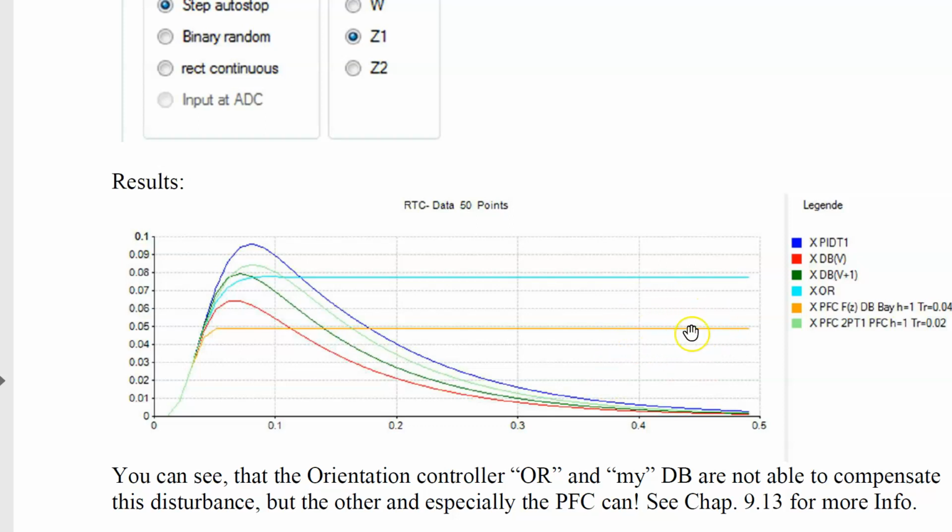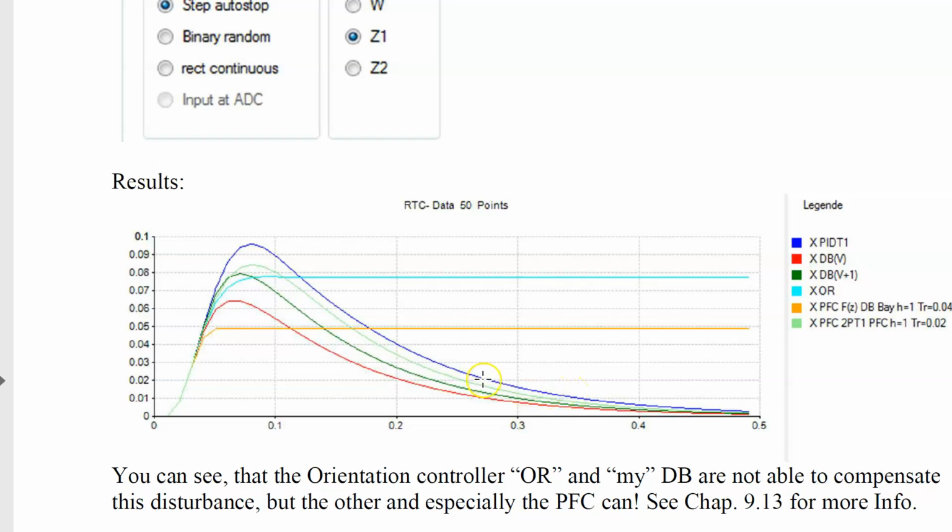Wait for chapter 9.13, then I can show you that I have worked on a disturbance compensation in my deadbeat version. With this addition, this can force the output also to 0, but I think that is a next week chapter.